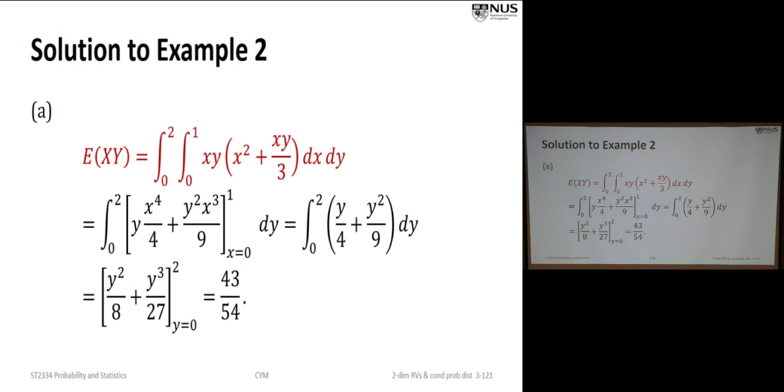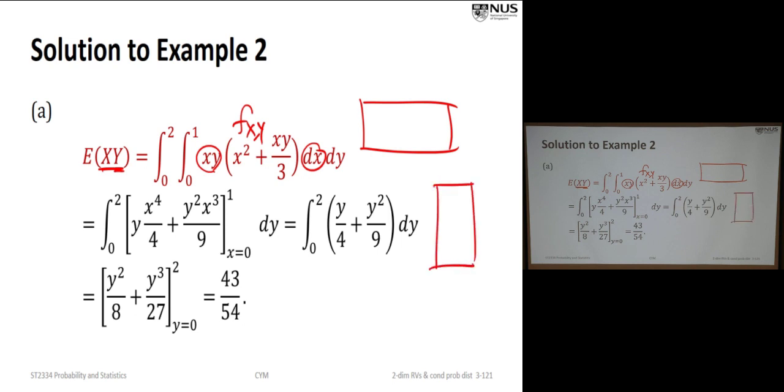All right, so I find the expectation of xy. So integrate xy times f of xy. I integrate x first. So that means I fix y and then look at x. So you see this is the range. Sorry, it's like this, right? So for fixed y, x is from 0 up to 1.